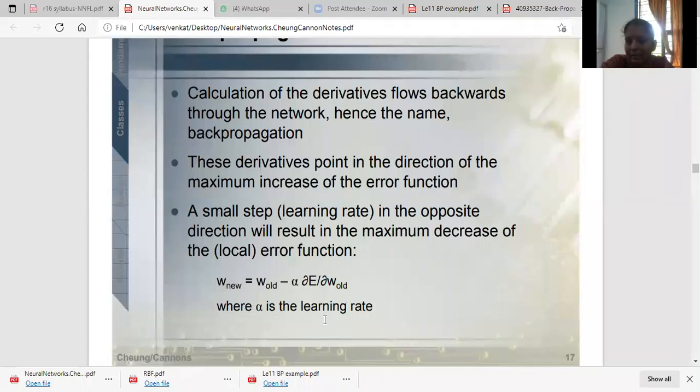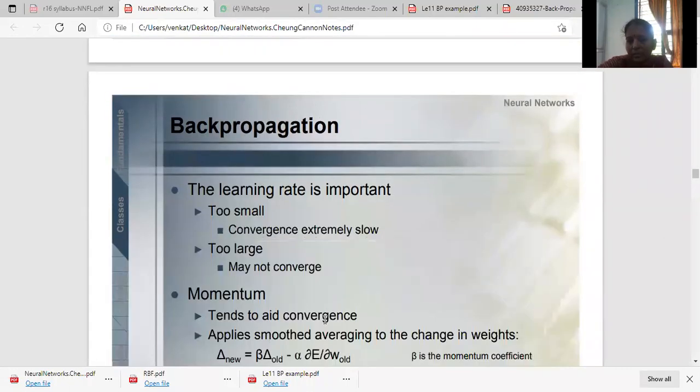A small step change will result in maximum decrease of the error function. So the learning rate is very important in the convergence of your error. If the learning rate is very small, the convergence is extremely slow. If it is too large, it may not converge.